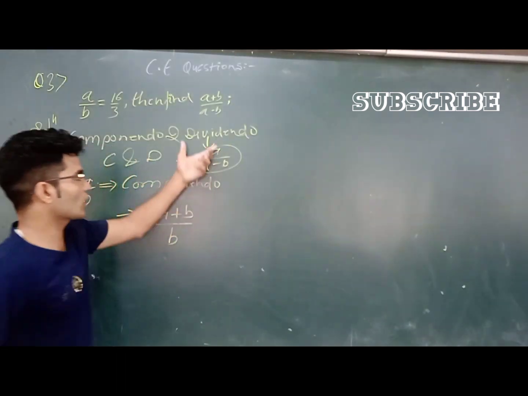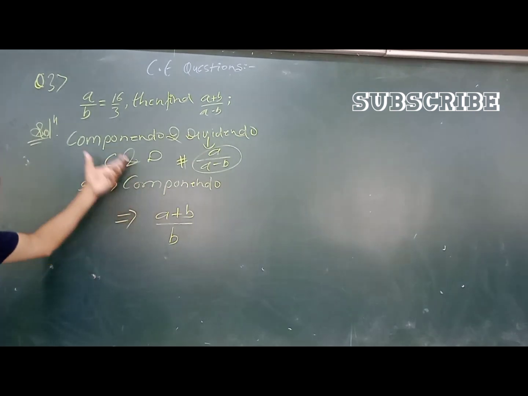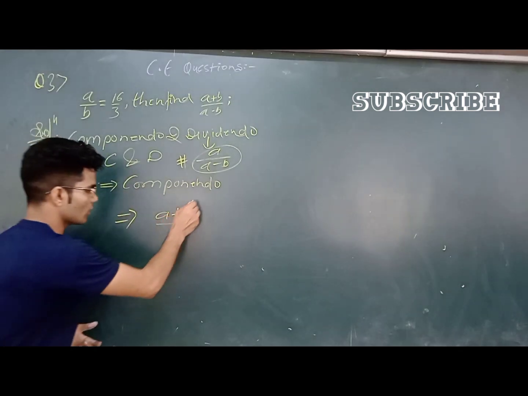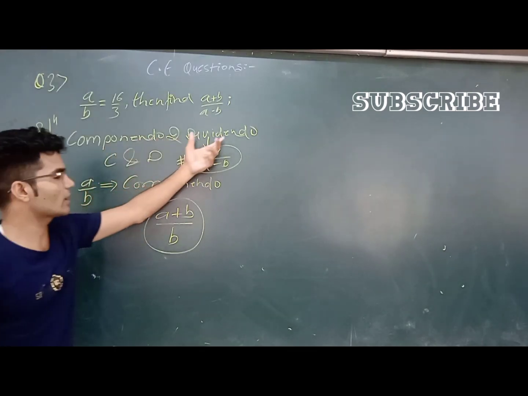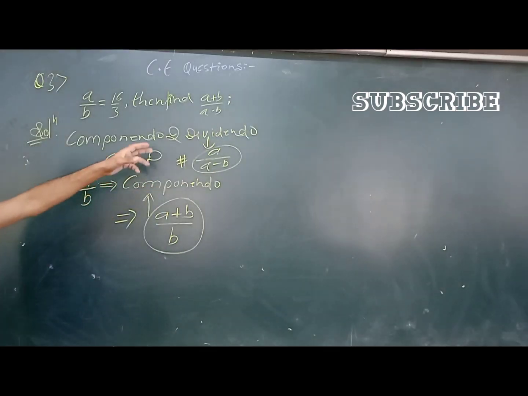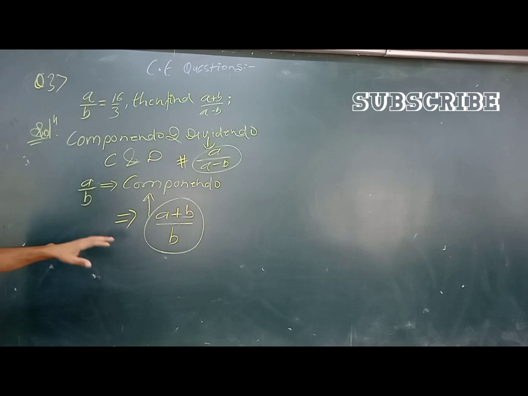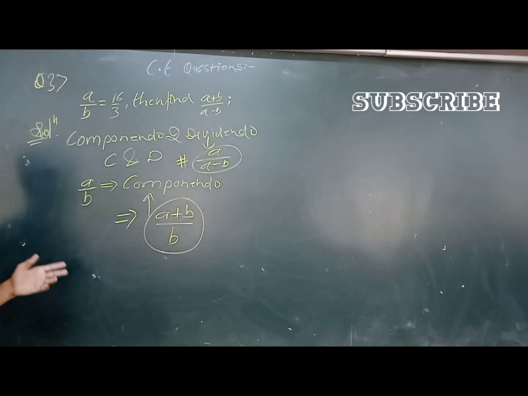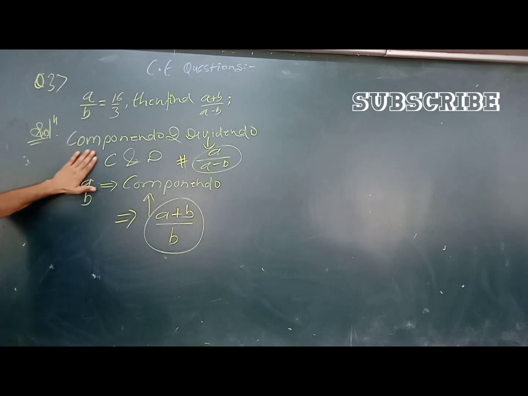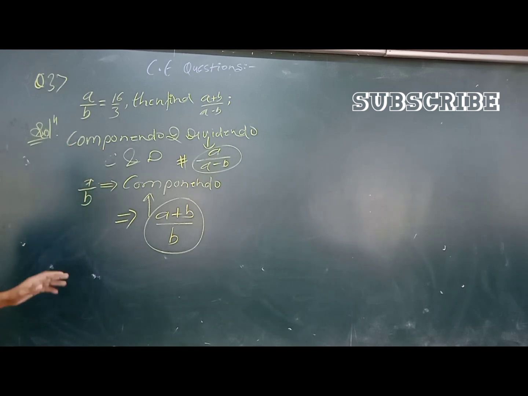So this is for dividendo and this part is for componendo. In that way we can apply componendo and dividendo to reduce the calculation part in our question. It doesn't matter what type of question, hard or easy, it is simply to reduce the calculation.